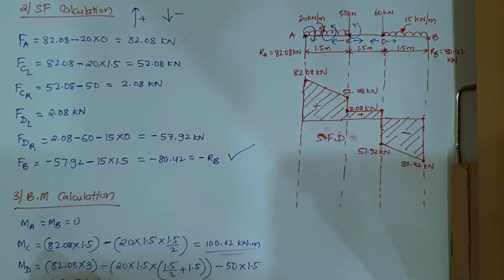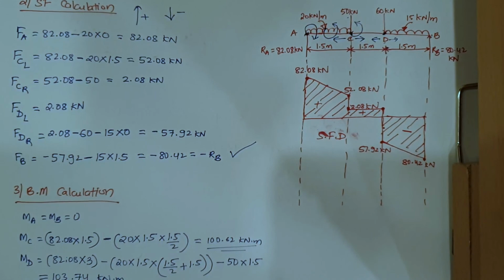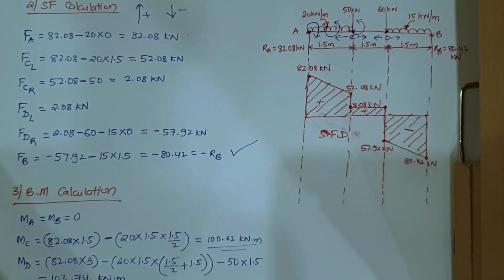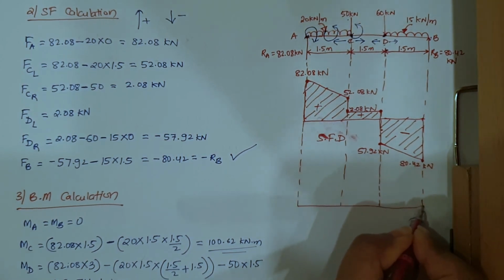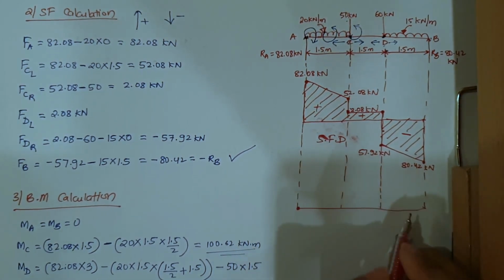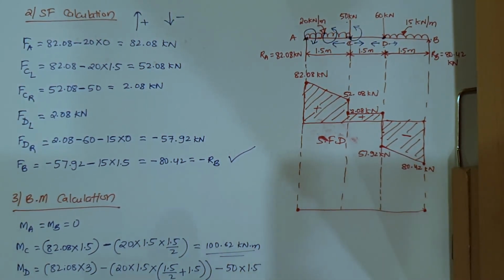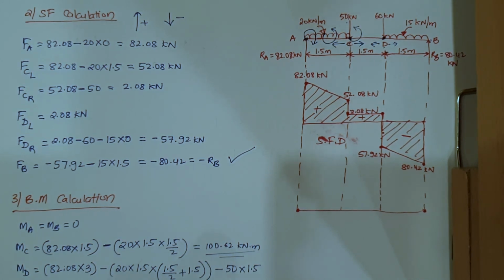kilonewton meter. Okay, now with this let us draw the bending moment diagram. At supports, which are A and B, we have zero bending moment, right?